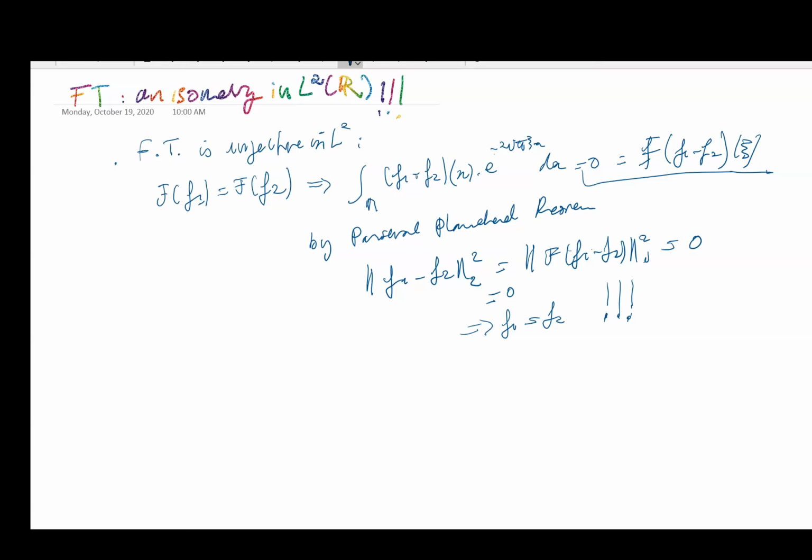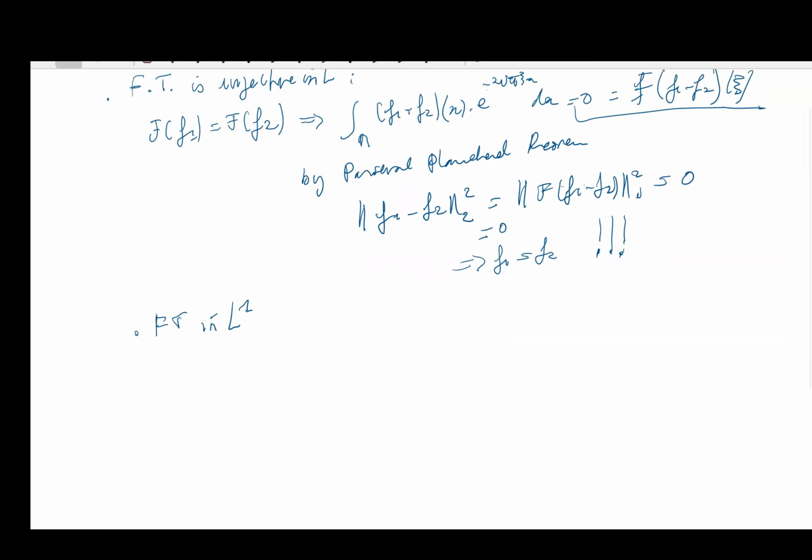But what about L1? Because we just said that it was L1. What about the Fourier transform in L1? Well, similarly, you can get that it's injective just using the convergence theorem, or using the inverse Fourier transform, for instance.